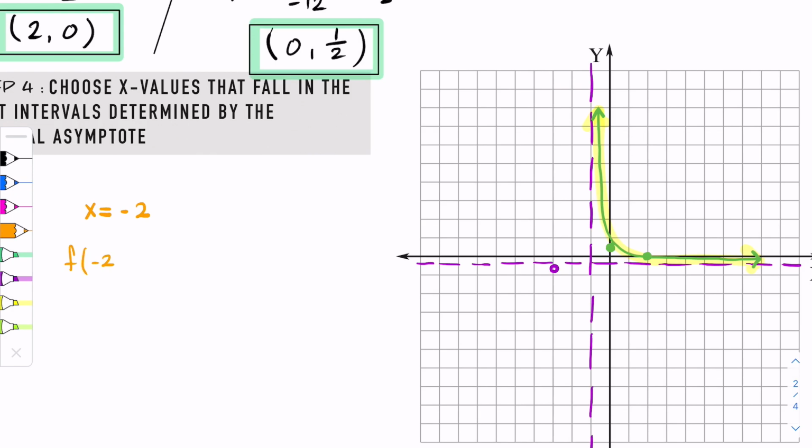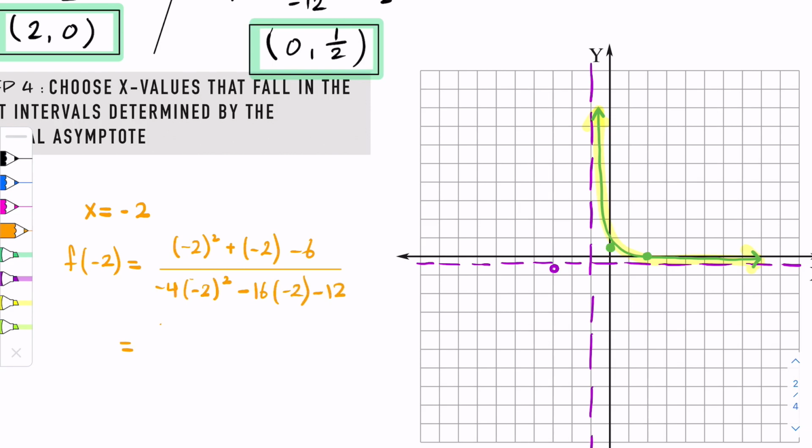When you substitute this into the original function, you have -2 squared plus -2 minus 6, over -4 times -2 squared minus 16 times -2 minus 12.